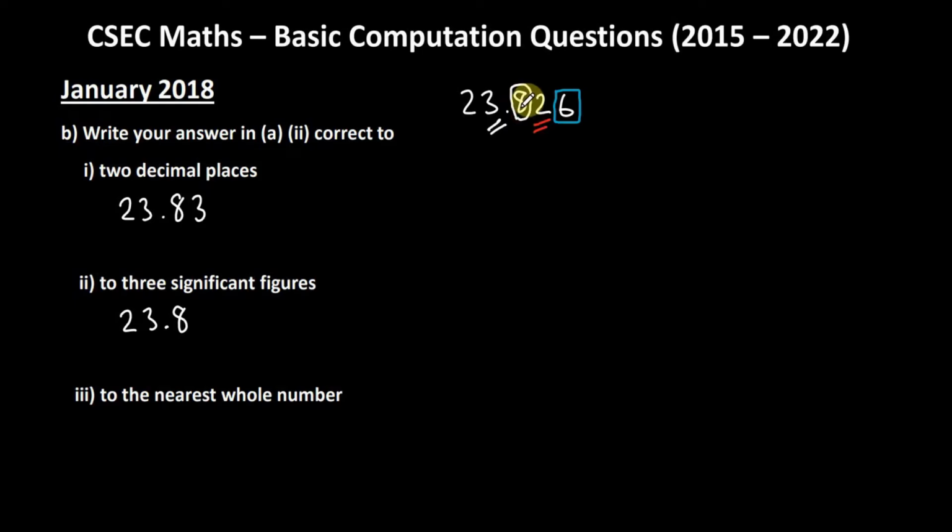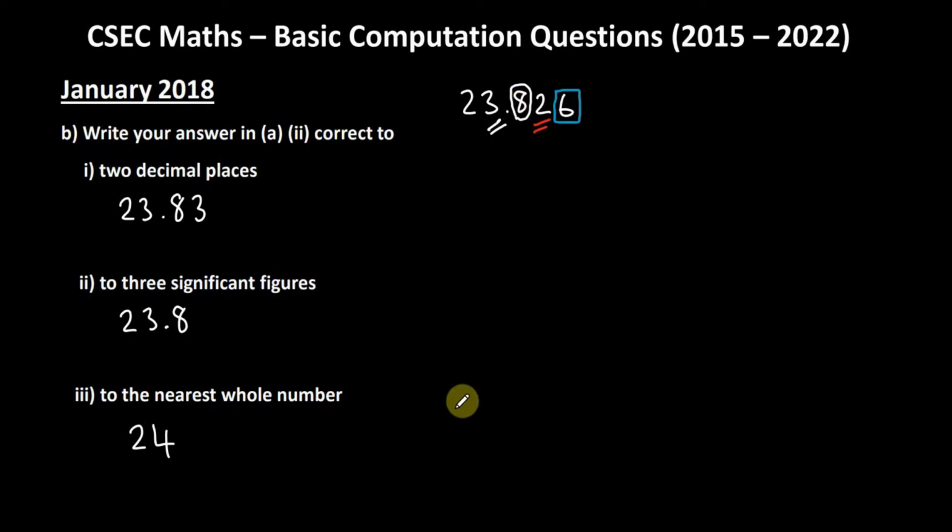If this digit falls under the category of being 4 or less, we'll keep the 3. However, if this digit falls under the category of being 5 or greater, we'll round up the 3 by 1. And of course, 8 falls under the category of being 5 or greater because 8 is greater than 5. So we'll round up the 3 by 1, which will make it 24, right? The next number that follows 3 is, of course, 4, right?